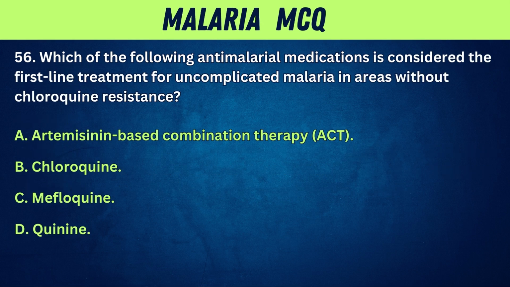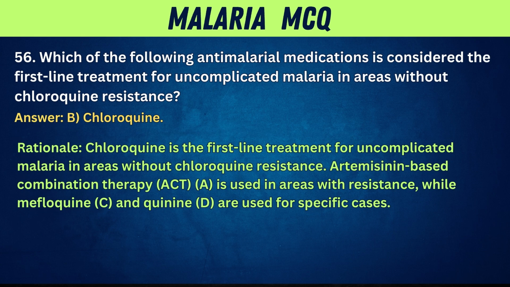56. Which of the following anti-malarial medications is considered the first-line treatment for uncomplicated malaria in areas without chloroquine resistance? A. Artemisinin-based combination therapy, ACT. B. Chloroquine. C. Mefloquine. D. Quinine. Answer: B. Chloroquine.